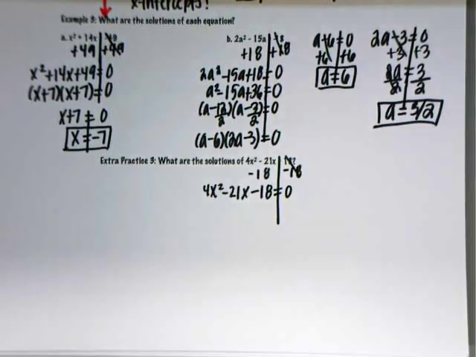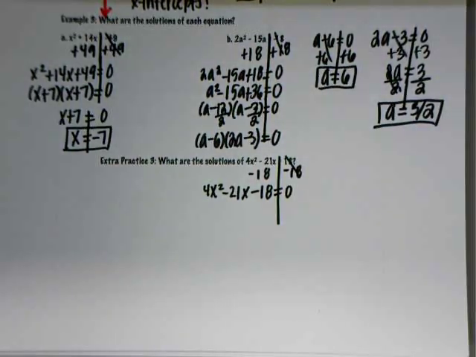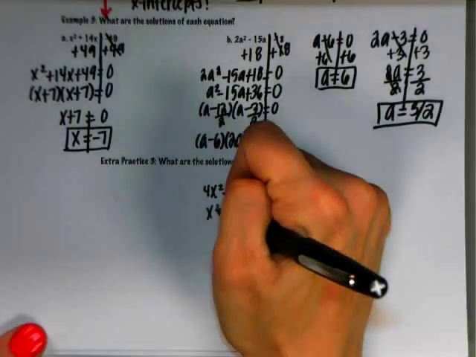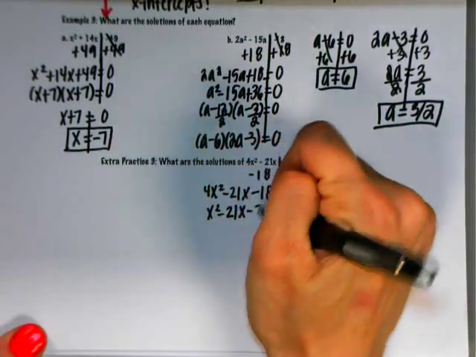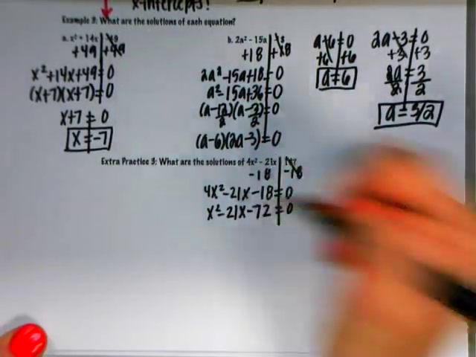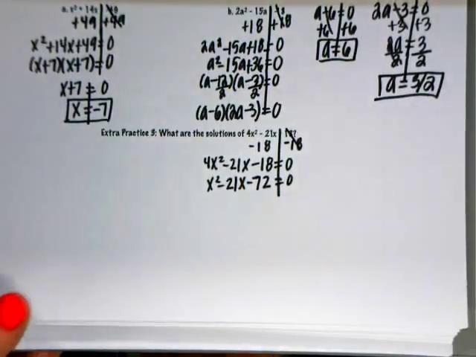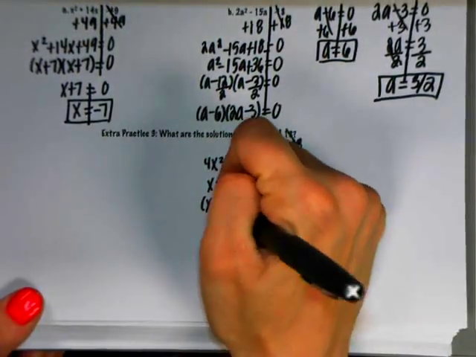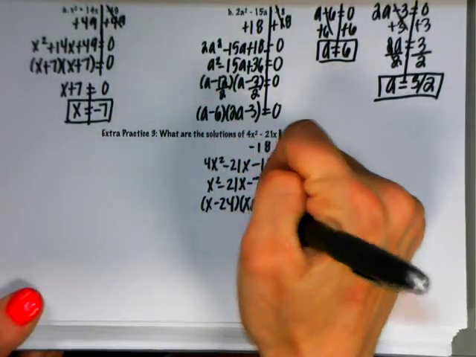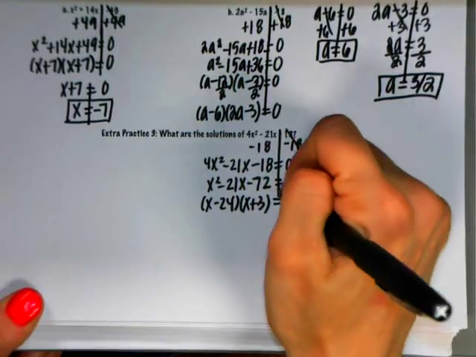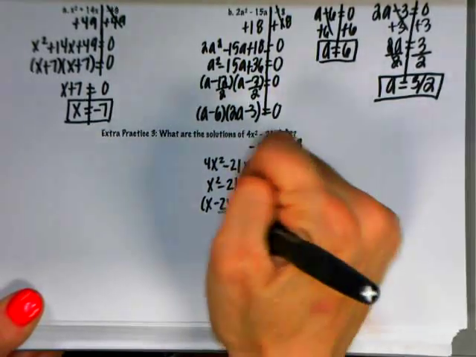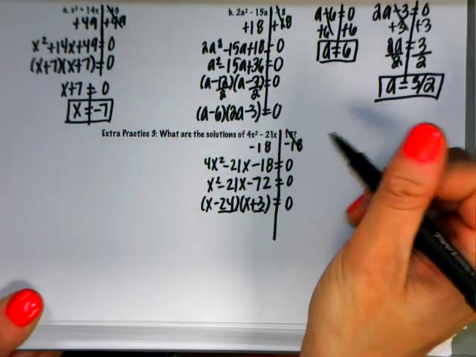Okay, is there a GCF? No, so bottoms up. x squared minus 21x minus 72 equals 0. And then what are the two numbers? Negative 24 and 3. Yep. And then divide by what? 4. Yep.